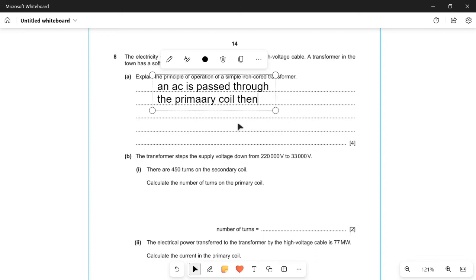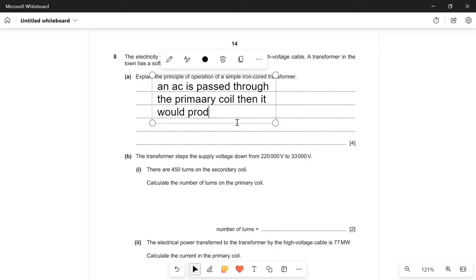And then it would produce an alternating current, an alternating magnetic field. It would produce an AC magnetic field. And then after that, this alternating magnetic field would cut the secondary coil.